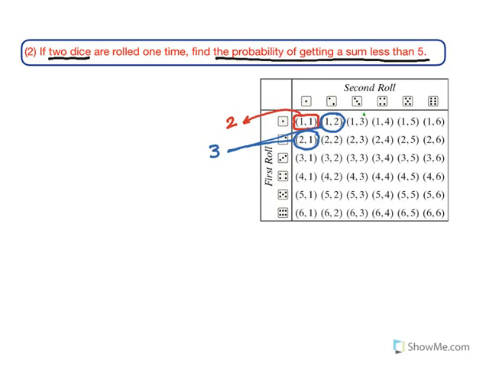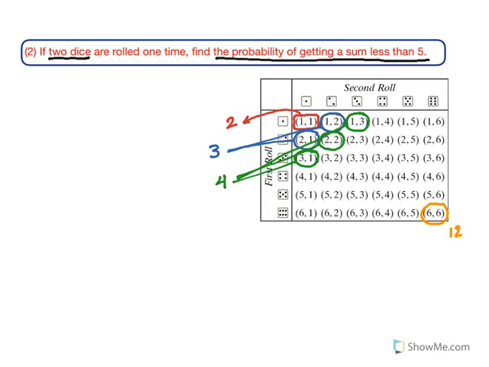And notice that if you add anything on this small diagonal, these 3 will give you the sum 4, and so on. The next diagonal will give you 5, then 6, 7, 8, 9, 10, 11, and the last and biggest number you can get as the sum is here, where you get 12.